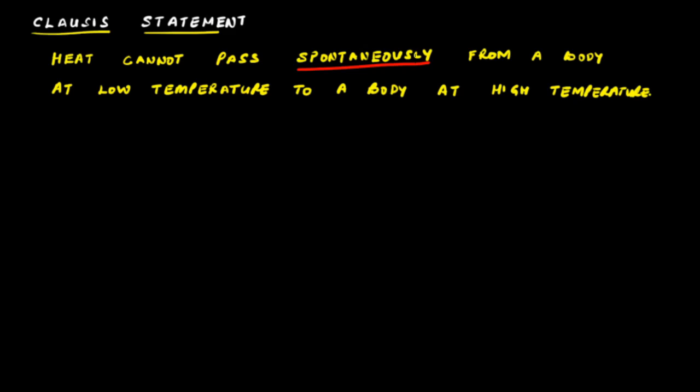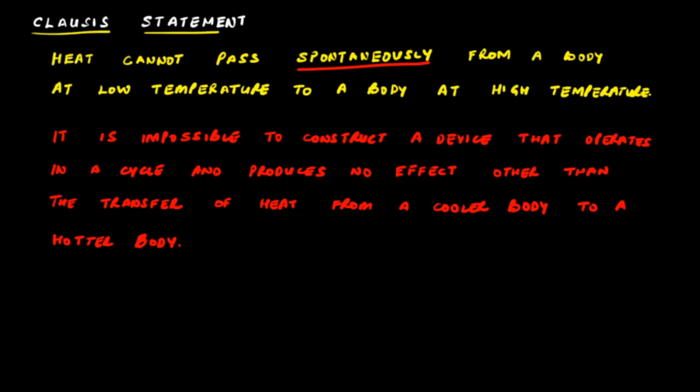In other words, we can state the Clausius statement as: it is impossible to construct a device that operates in a cycle and produces no effect other than the transfer of heat from a cooler body to a hotter body.